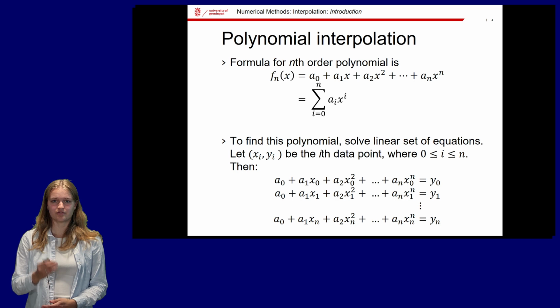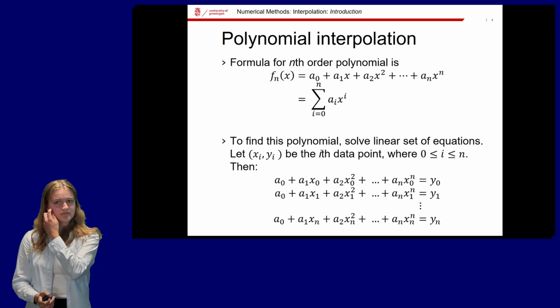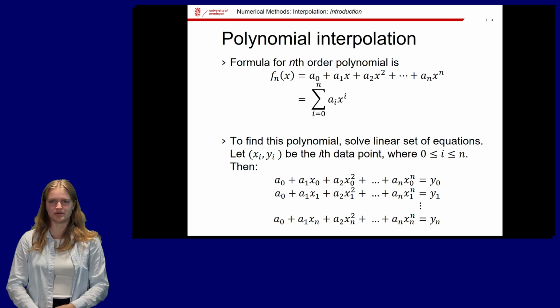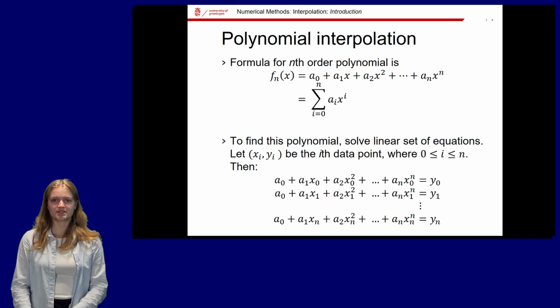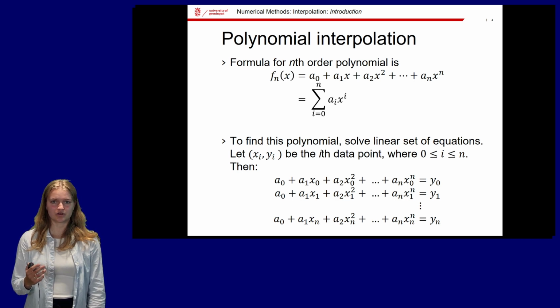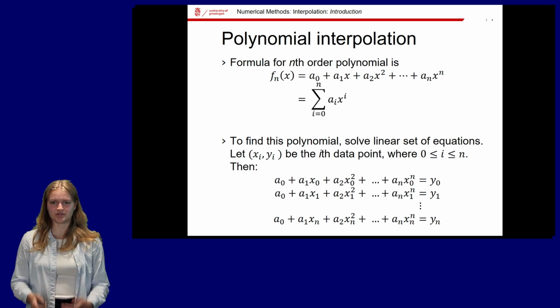Then we can represent our linear set of equations as this. We can also put this in matrix form. Basically, your unknowns are going to be your coefficients a. You'll have n+1 unknowns and n+1 equations, so you can solve it.